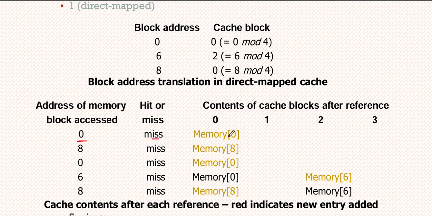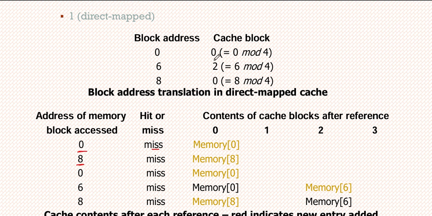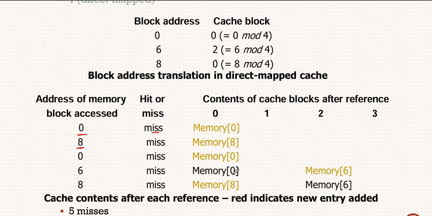So we'll place it in the cache. That's why here is colored yellow. Now we try to access 8. 8 will map onto block 0 again, which has content 0. The tag will not compare correctly, so we have to replace the 0 there. So we'll write again, and that one will also be a miss. The next one is that we try to access 0 again.